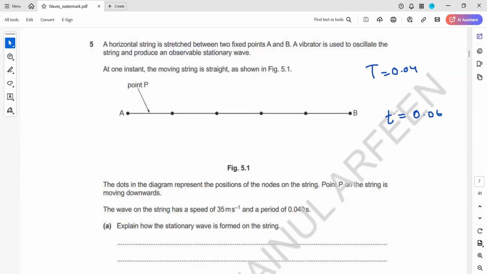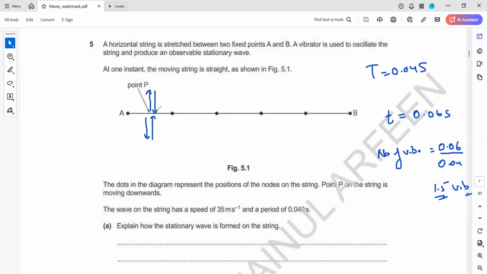So how many oscillations are there? If the time period is 0.04 seconds and we want to know the number of oscillations or vibrations, how many vibrations will there be in 0.06 seconds? Divide by the time period: 0.06 divided by 0.04. So we get 1.5 oscillations, like 1.5 vibrations. This means the particle here will go down, then come back up, then go up, come down.